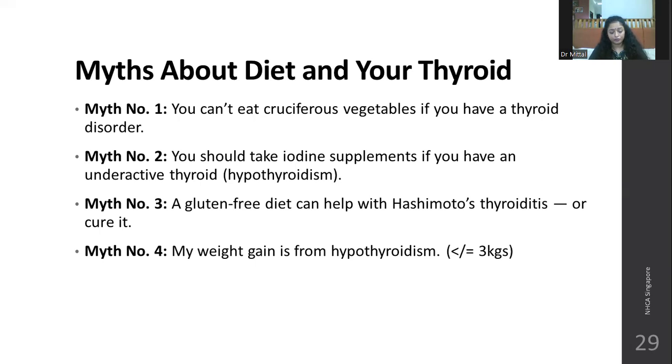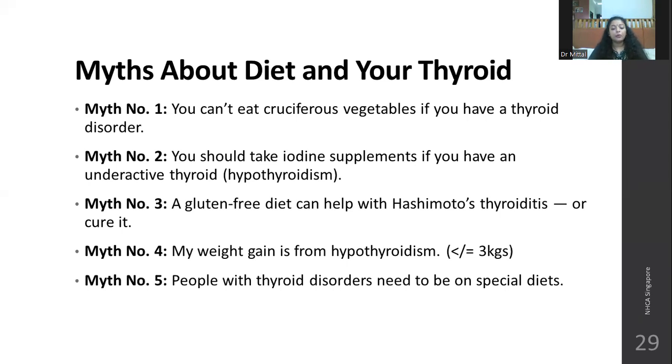If it is a positive energy balance, you are having more energy than what you spend, and that is the reason why you are gaining weight. Hypothyroidism is not the reason. If it is more than 3 or 4 kgs, it is not because of hypothyroidism. It is completely based on your lifestyle and your choice of diet.